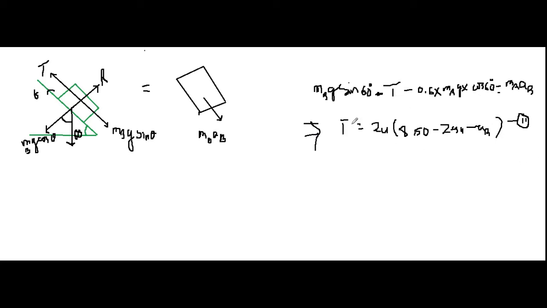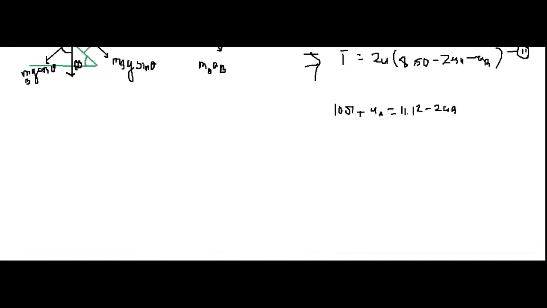So we can equate equation 1 and equation 2, and after equating, we get 10.01 plus AA equals 11.12 minus 2AB.